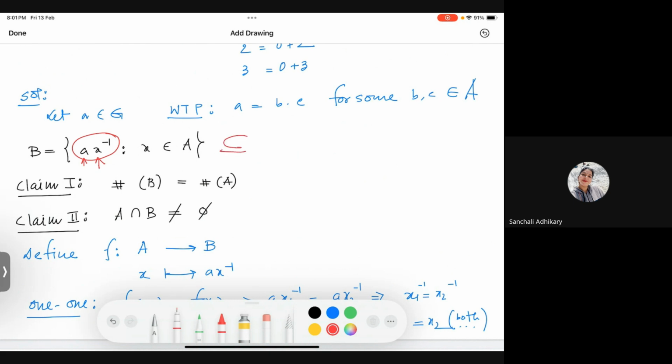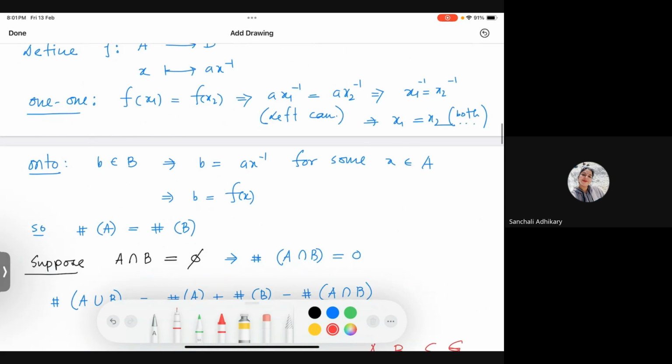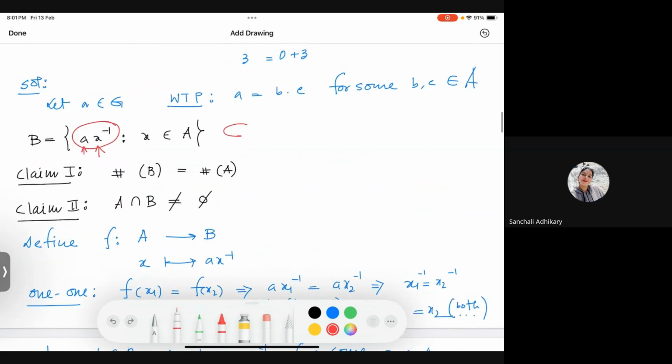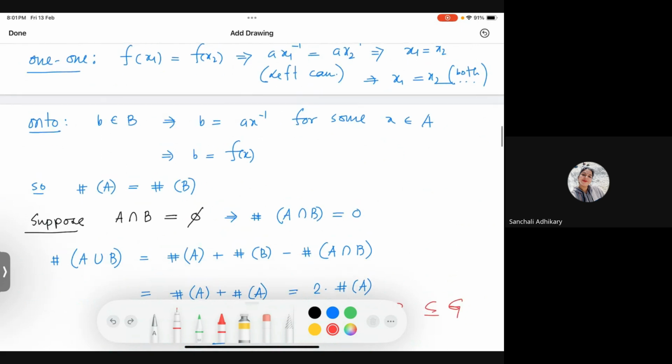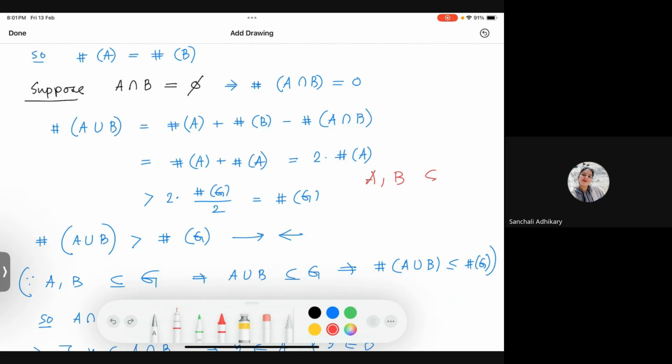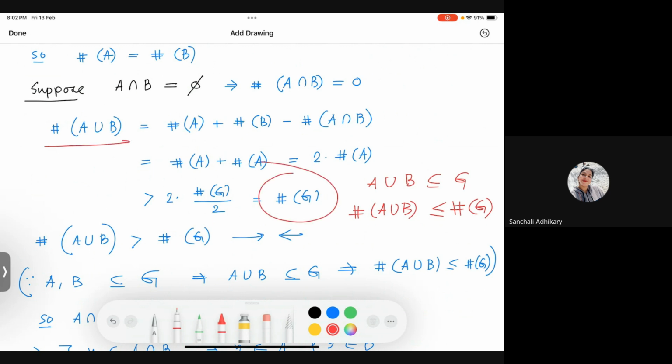So A is a subset of G, B is also a subset of G. So A union B is also a subset of G. Then the cardinality of A union B is less than or equal to the cardinality of G. But here I am saying the cardinality of A union B is strictly greater than the cardinality of G.